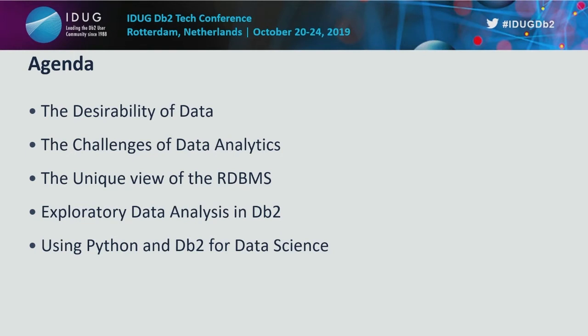I didn't put it in here, but ethics was an interesting thing to study over the last few months. Paul mentioned it this morning, and that's going to be a really big thing in the future as well. But with those, I think relational databases, and Db2 in particular, because this is iDUG, has a big role to play in this and can bring a unique view, perhaps, that other data stores don't.